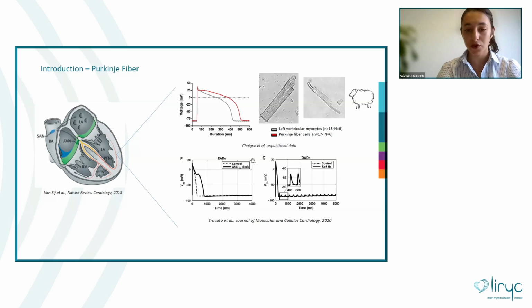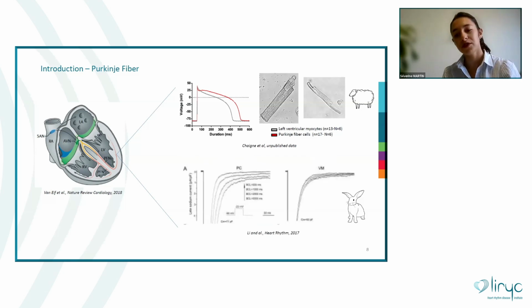And this longer duration can allow the formation of abnormal electrical activity called EAD, for early afterdepolarization, or DAD, delayed afterdepolarization. These two abnormal electrical activities can also lead to the formation of ventricular tachycardia and ventricular fibrillation.